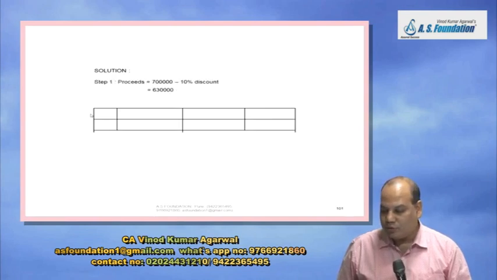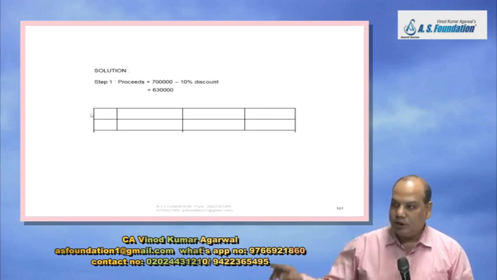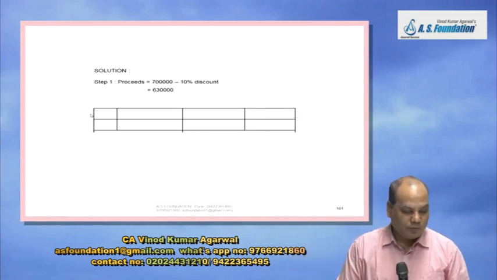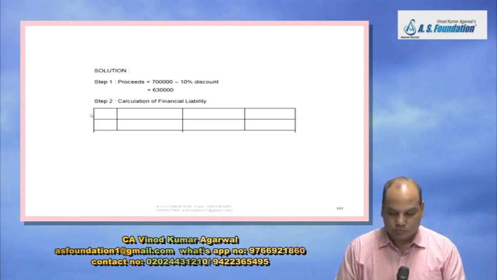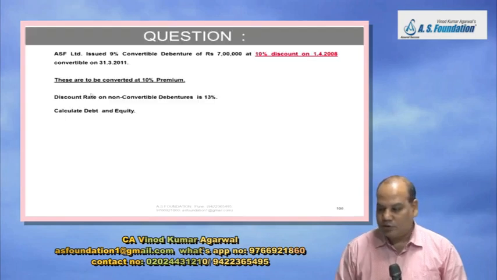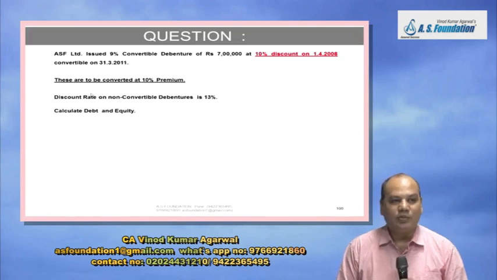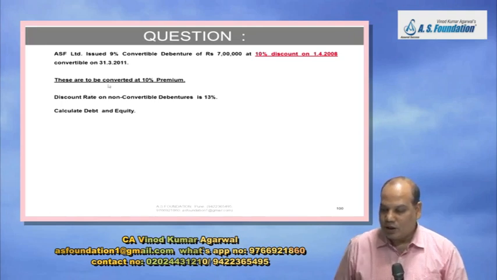Do we have to redeem in cash or do we have to convert into share? Read the problem. Is it a mandatorily convertible debenture or optionally convertible debenture? It's written these are to be converted.